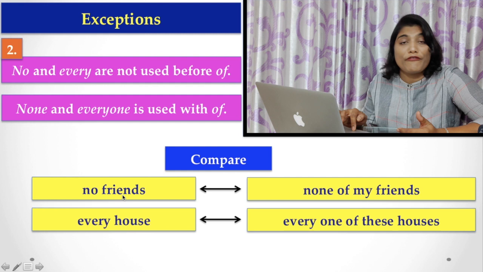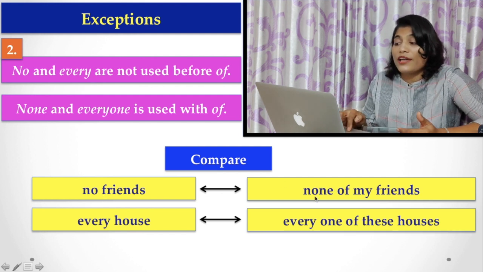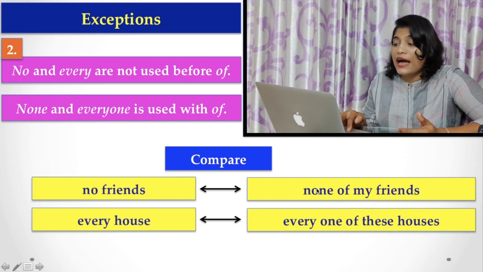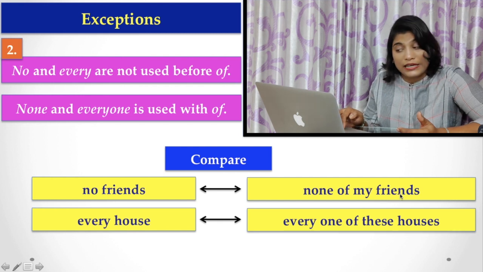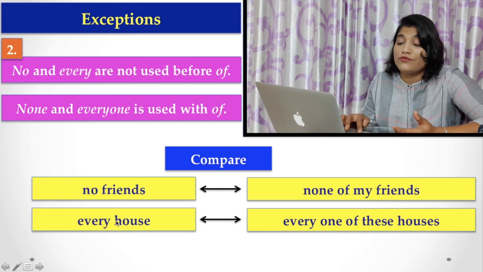For example, "no friend": in between the determiner "no" and the noun, you do not have to put any "of". But if you are talking about "none of my friends", here you find none, then "of", and the group A determiner "my" and friends. Here also, "every house": after "every" there is no "of". In between "every" and the noun you do not put "of", but in "every one of these houses", there you have to put "of".